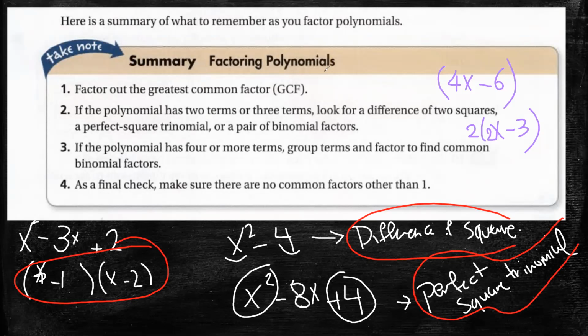And sometimes if you have four terms, don't forget, you have to group them and then factorize them. Or sometimes you have to find the greatest common factor before grouping the terms.